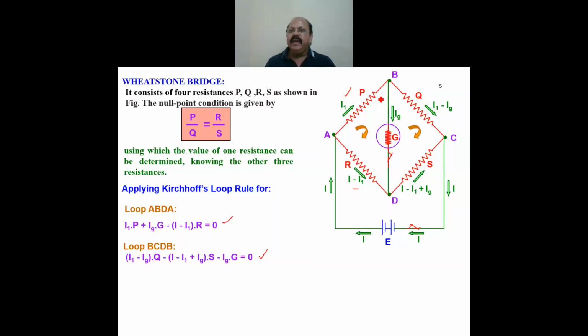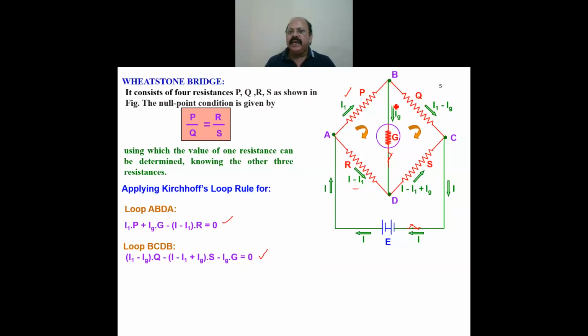Then when I1 reaches point B, Ig passes through the galvanometer. So out of this I1, Ig passes through the galvanometer, and the rest, I1 minus Ig, passes through the resistance Q.